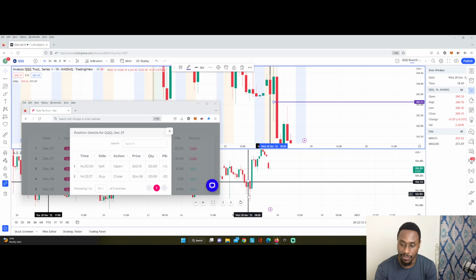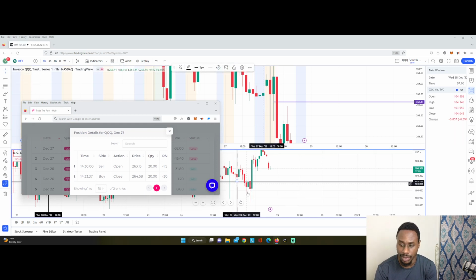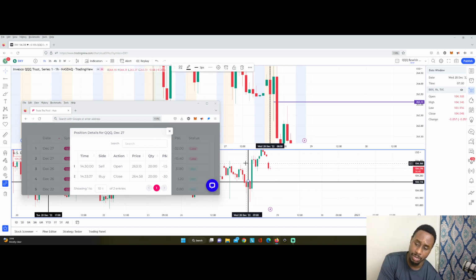And if I move this line that I use to separate the day, we also had buying pressure here, buying pressure here, buying pressure here, and you see buying pressure on the next candle. So essentially, from that I was telling, okay, the dollar was going to be a little bit more bullish.